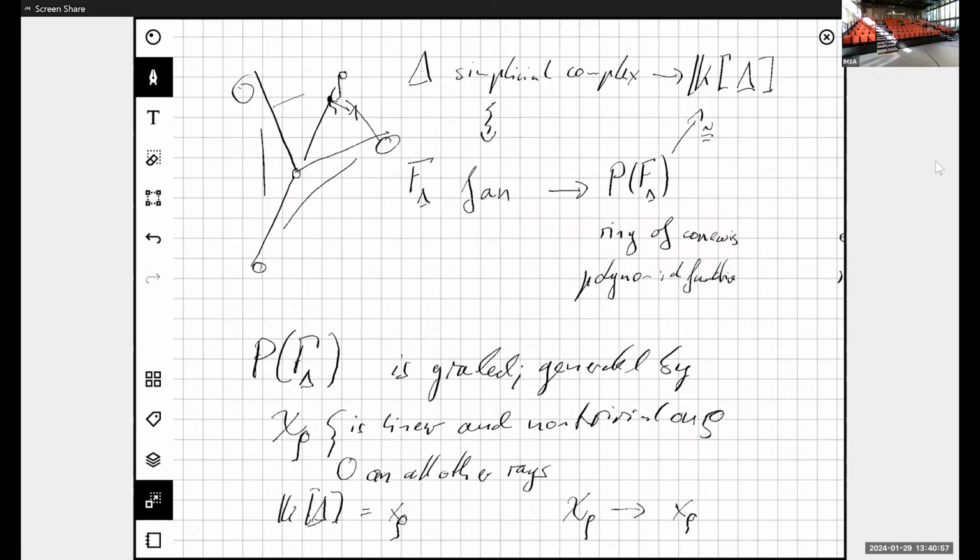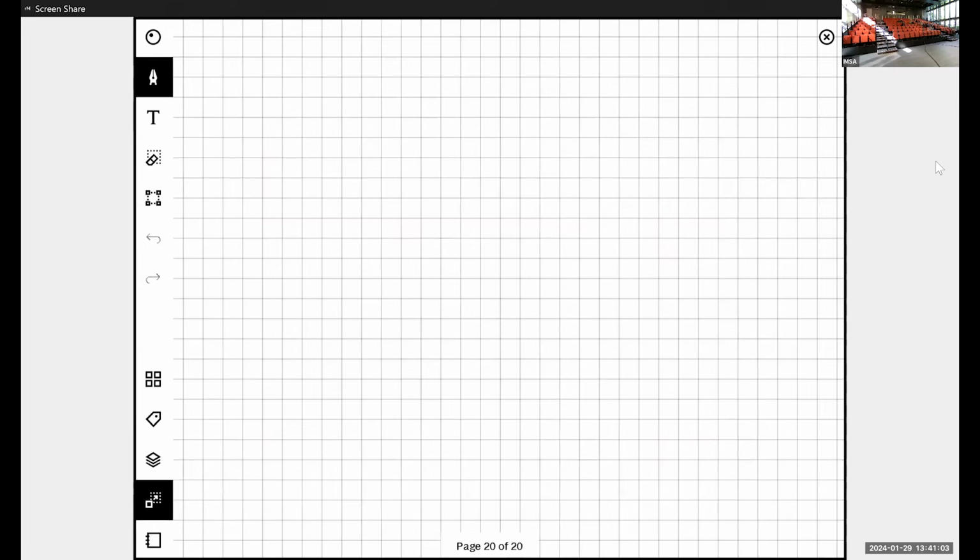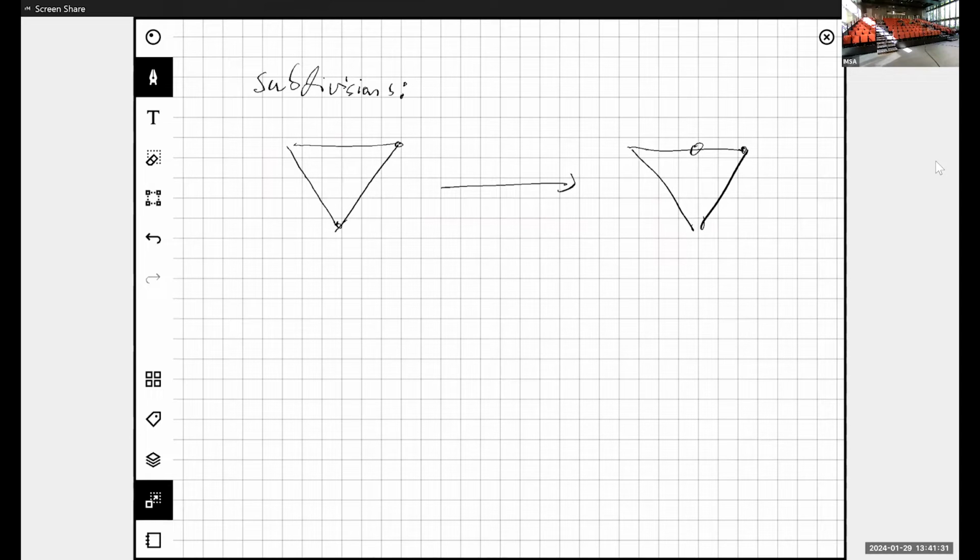And now you can think about immediately how subdivisions are supposed to be satisfied. So subdivisions. I claimed that there's a map from here to here, where I have an additional vertex now.